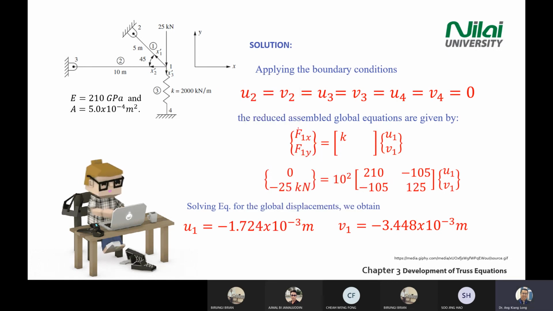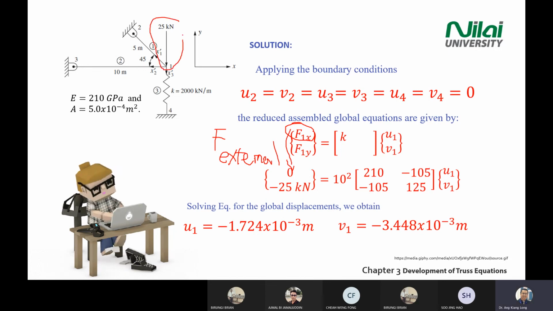All right. Now, how can we write F1X equals 0? What is meant by capital F? Capital F means external force. You look at the diagram, you only have one external force. It is in the Y direction.